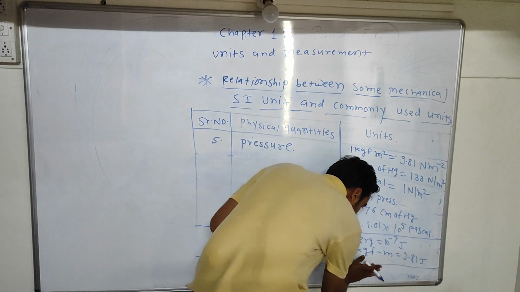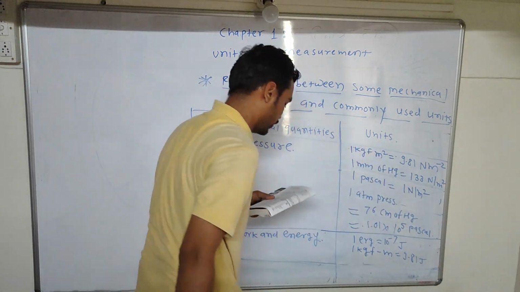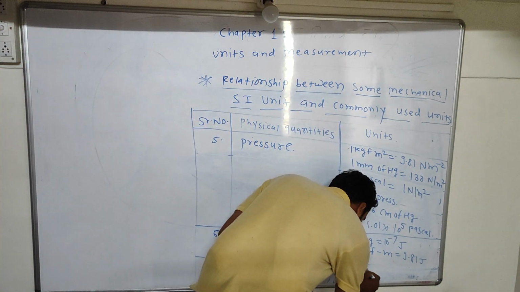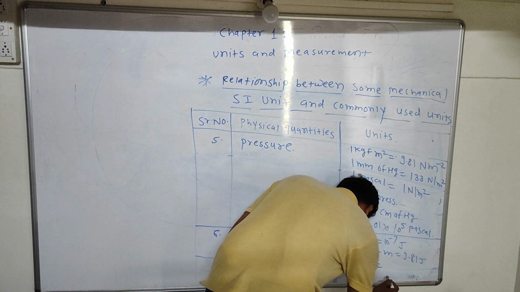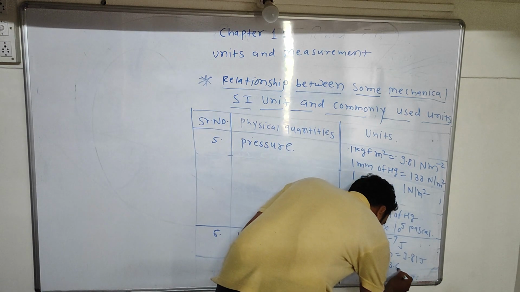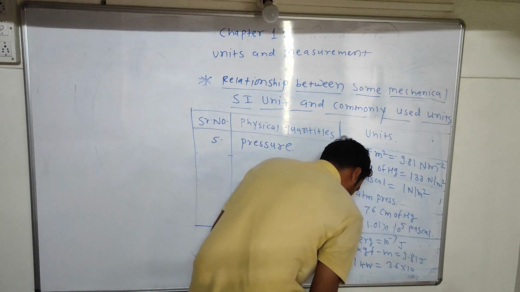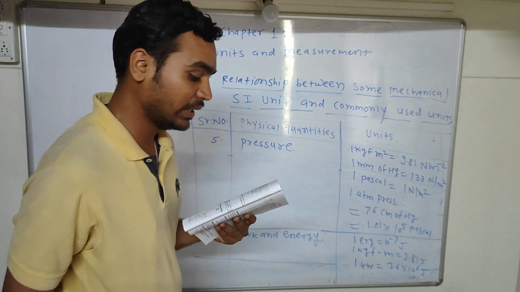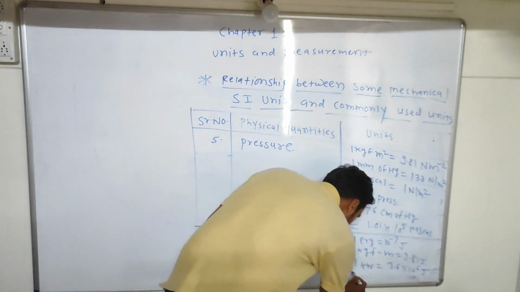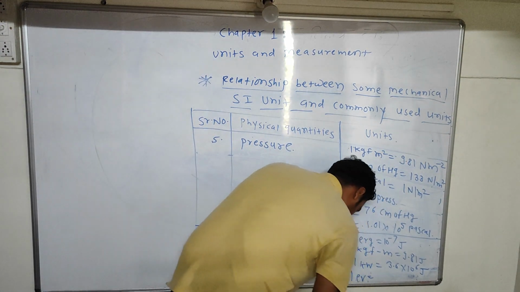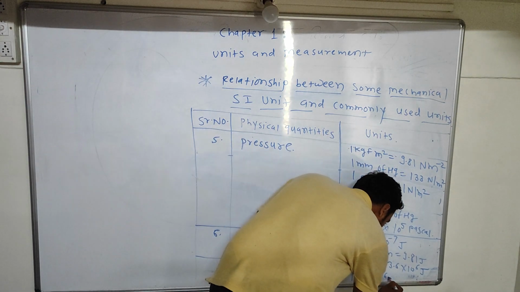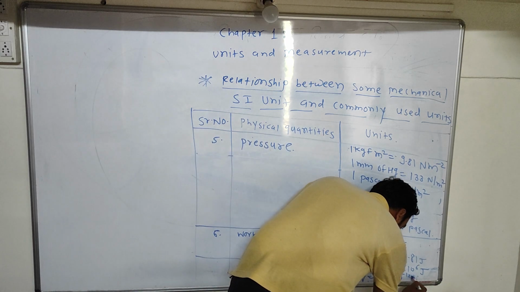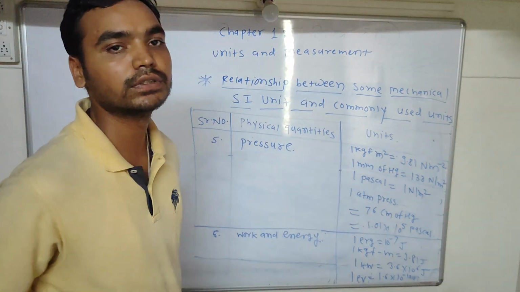Then another conversion we have to see: 1 kilowatt hour is equal to 3.6 into 10 raised to 6 joule, right? Then 1 electron volt is equal to 1.6 into 10 raised to minus 19 joule, right? Read it.